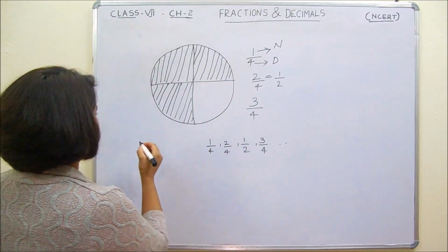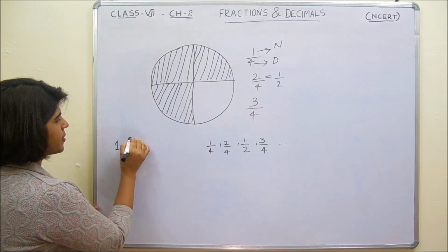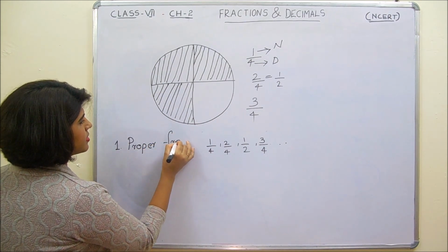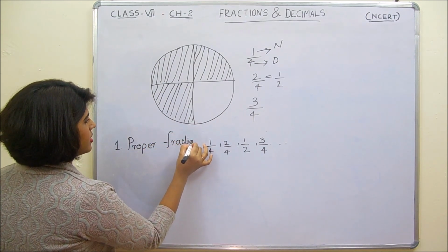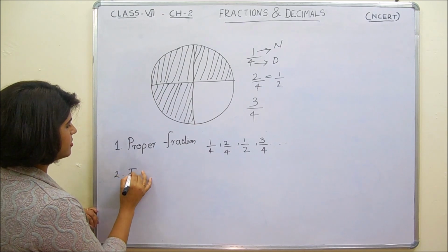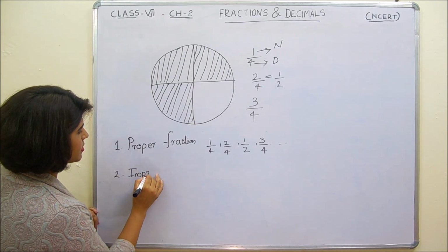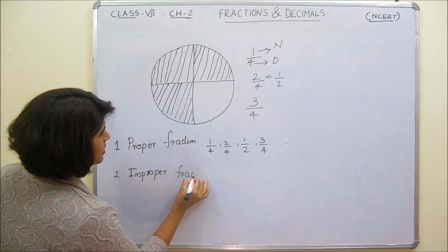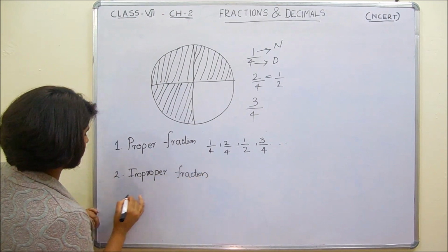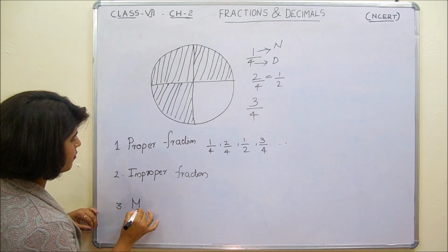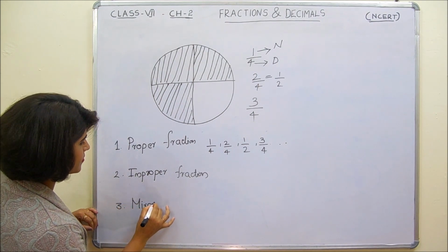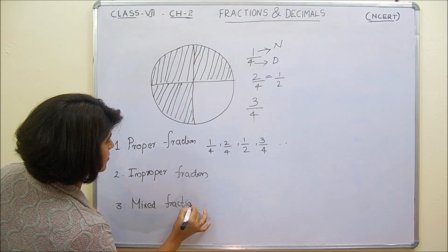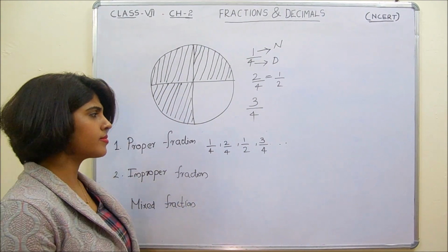Now fractions are of different types. One is proper fraction, then improper fraction, and third one is mixed fraction. Clear?